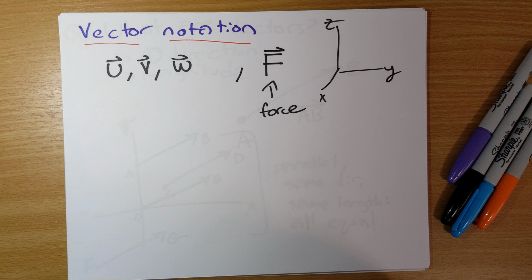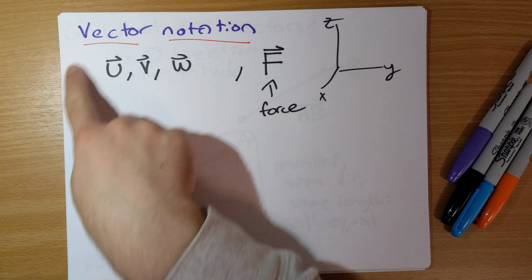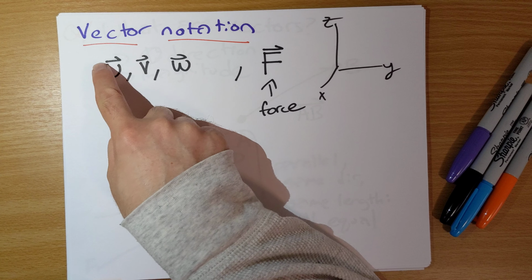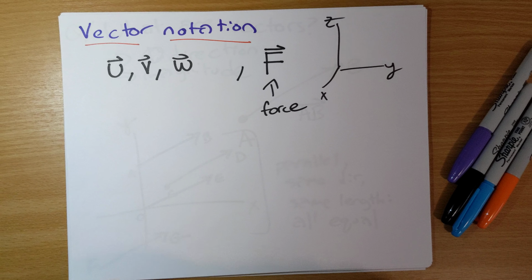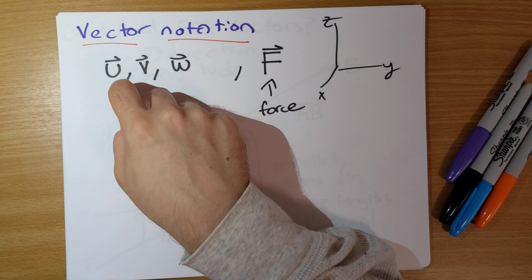But in practice, it's a little bit hard for people like you and me to show something as being bolded when we're writing on a piece of paper. And so it's traditional for us to just put a little vector hat, that little arrow with a half arrowhead over the vector, to make it clear that this is a vector quantity.